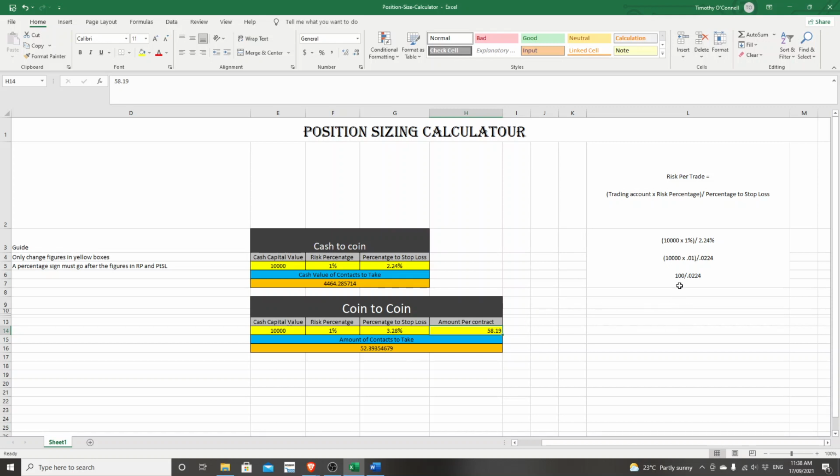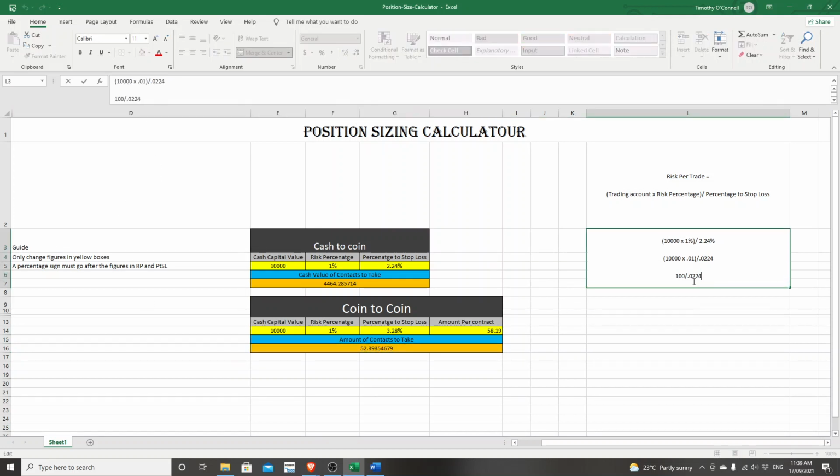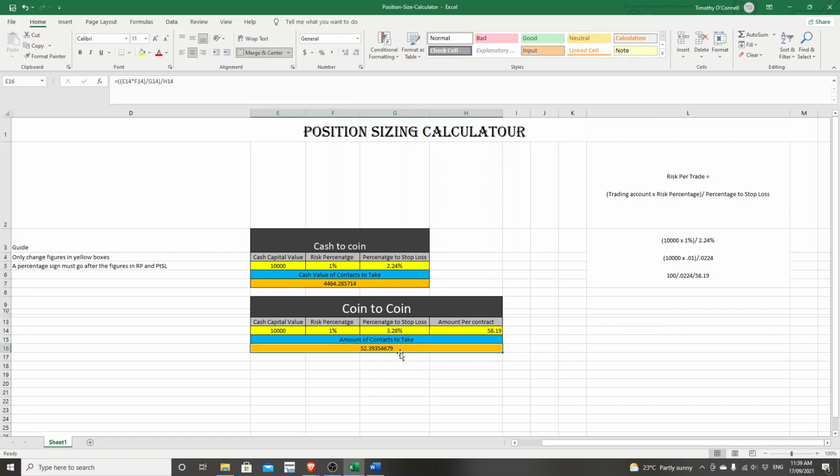So that would just look like, actually here you can see it broken down, H14. So you would divide, work out that number again, and then divide it by 58.19, and it would give you the amount of contracts to take.